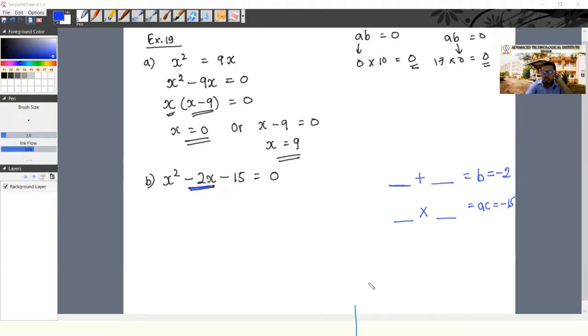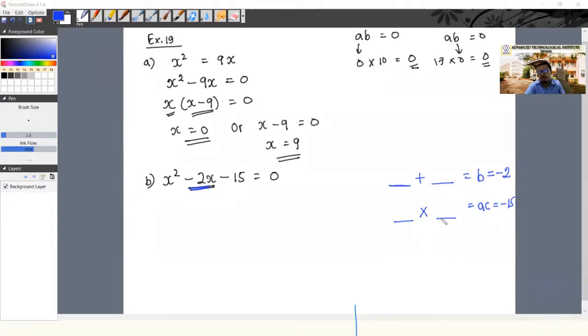So how should it be? What are the options we have here? See here, minus 3 into 5. Yes, we are getting minus 15, but minus 3 and 5 will get plus 2, not minus 2. Looking at this, we can get a small idea. For minus 15, one should be a plus value and the other a minus value.